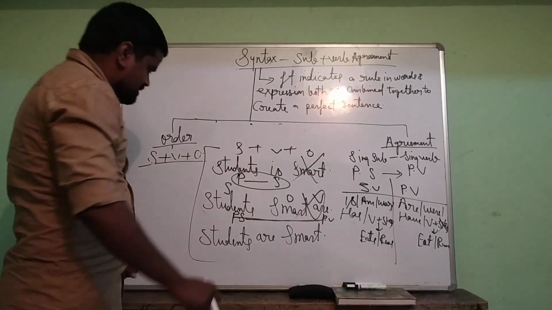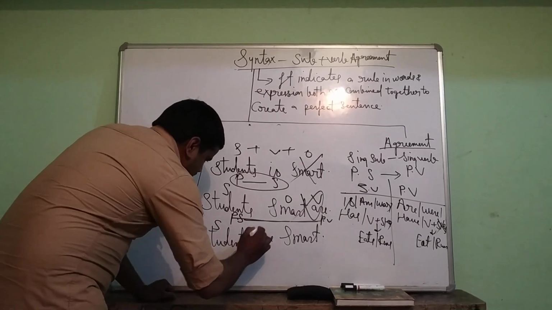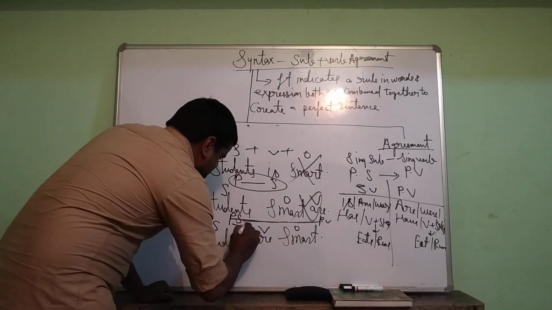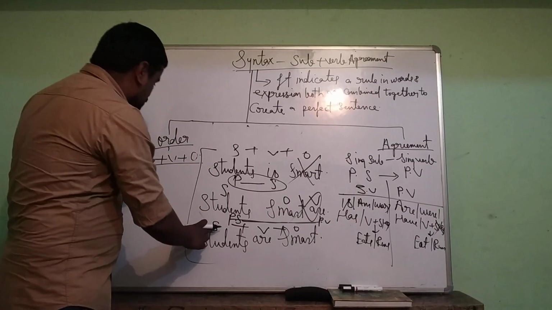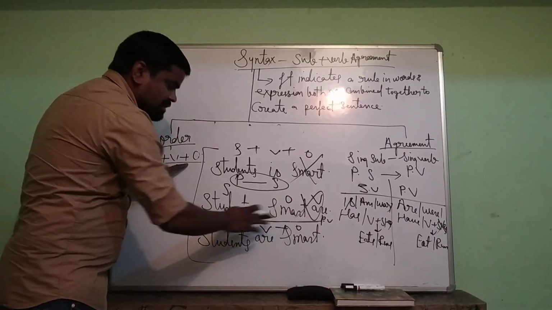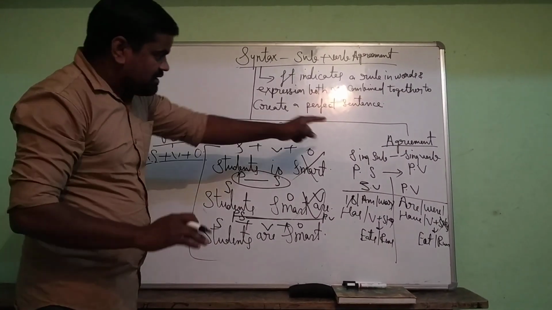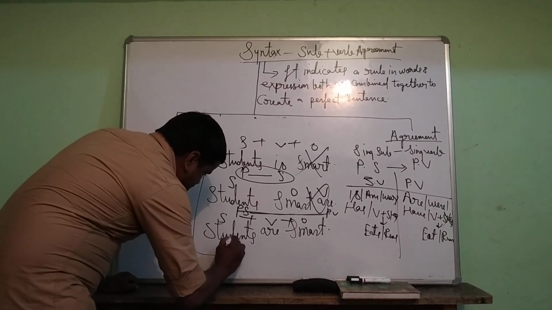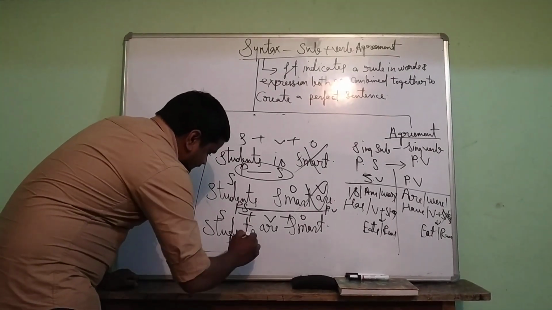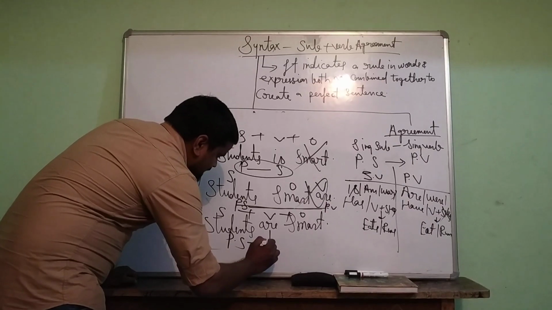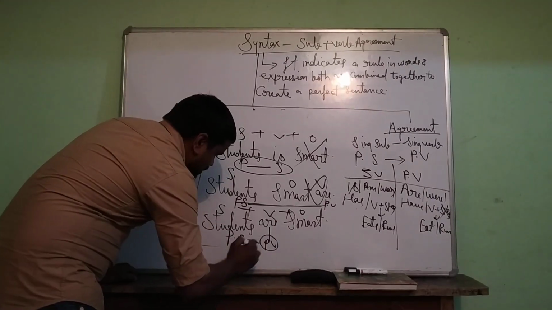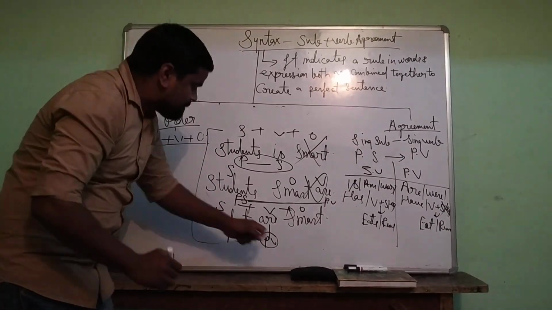Third point: look here, it's subject, verb, and object. SVO, order is perfect. Second, agreement. Students is a plural subject, and with it I have applied a plural verb, are. Plural subject equals plural verb.